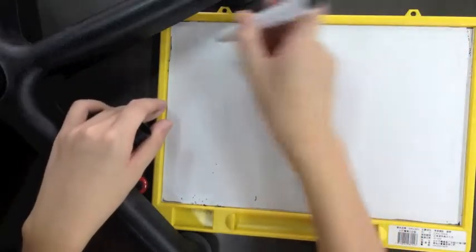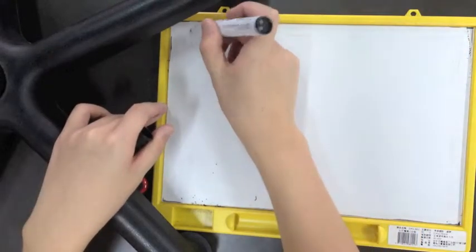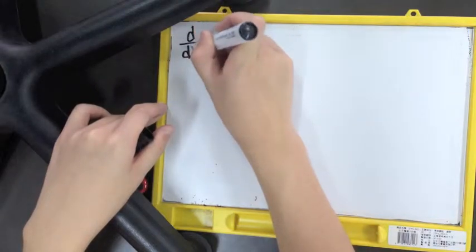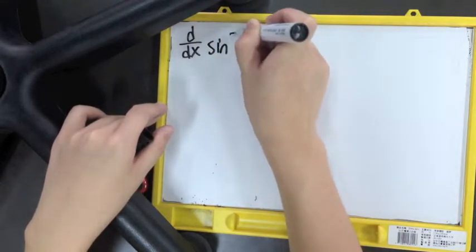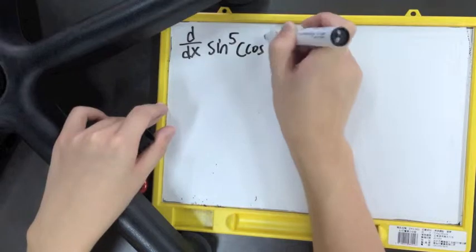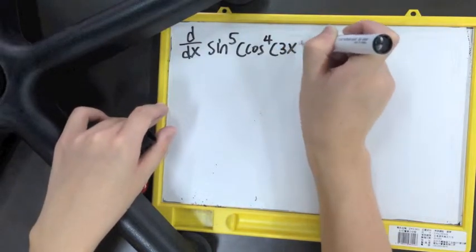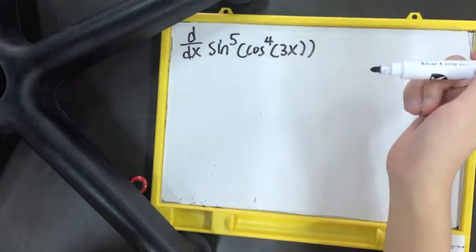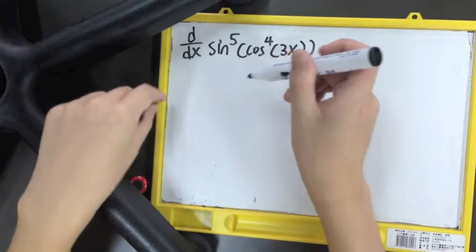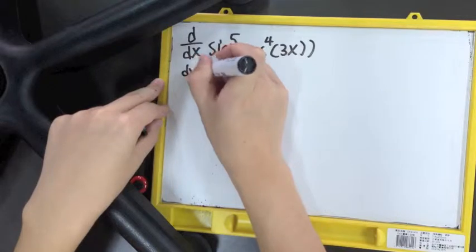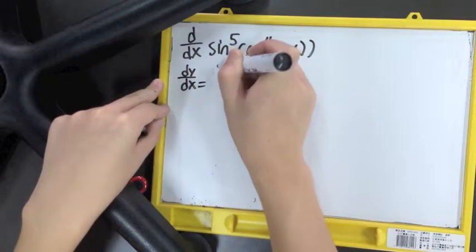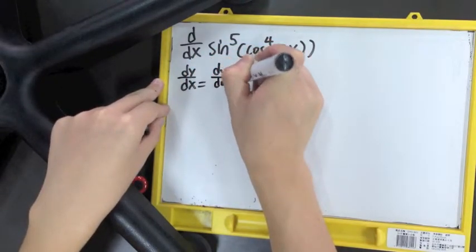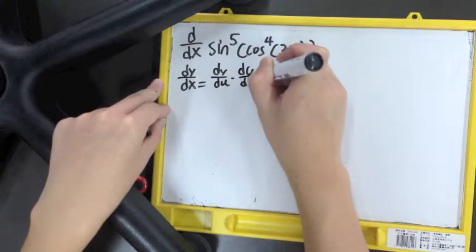So the second example we're going to do is a complicated equation, which is the derivative of sine to the 5th of cosine to the 4th of 3x. This question involves multiple chain rules, so we need to do chain rule a lot of times. The equation of chain rule is dy over dx equals dy over du times du over dx.